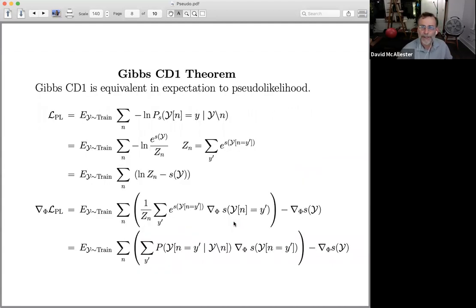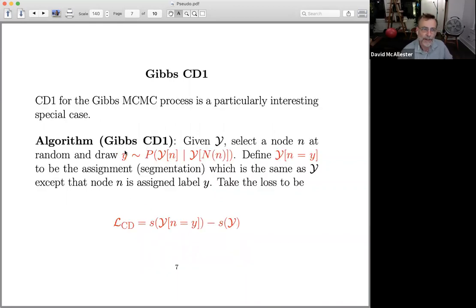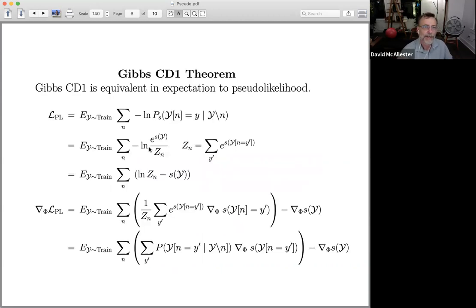So the theorem is going to be that this Gibbs CD1 contrastive divergence algorithm has exactly the same direction of update in expectation as pseudo likelihood. What I'm going to do is write down the pseudo likelihood training objective and just massage it and show that its expectation is in the same direction as Gibbs contrastive divergence 1.